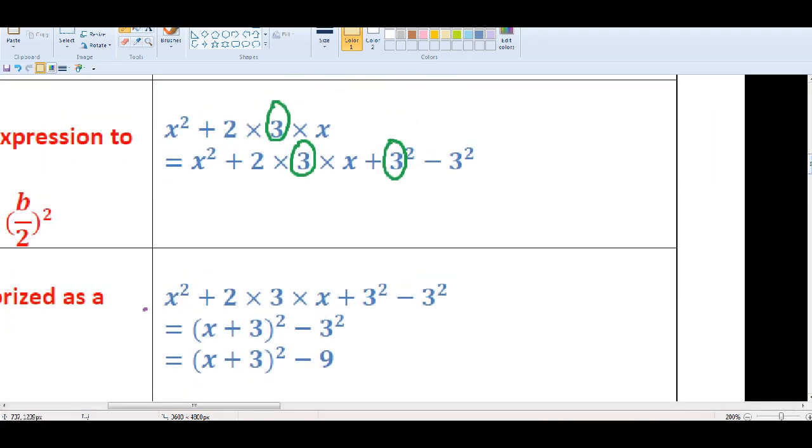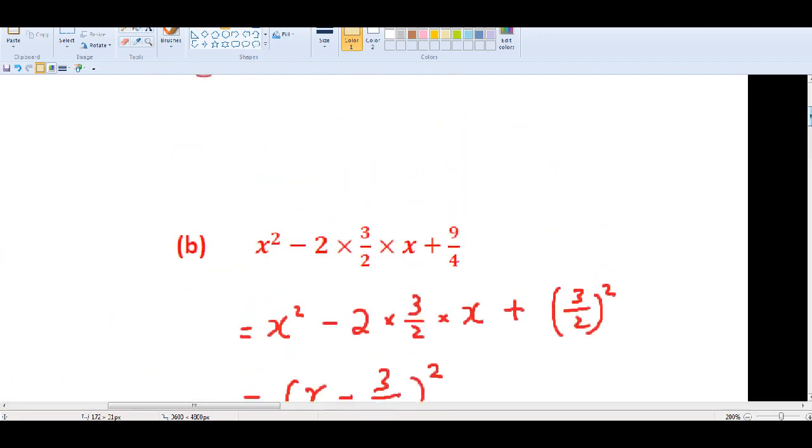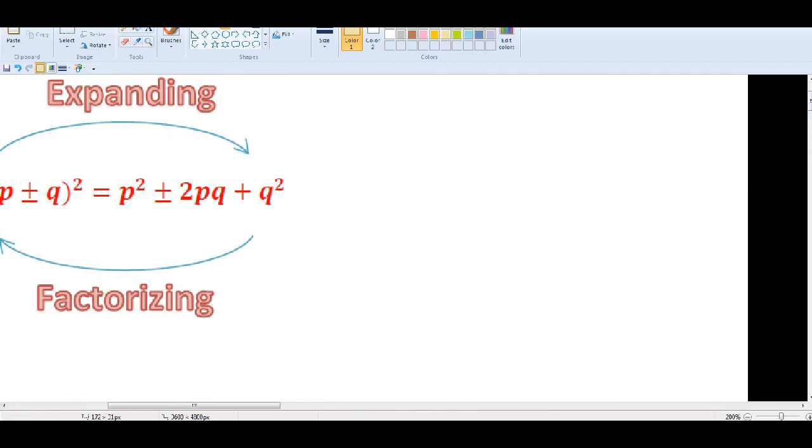Okay, so you see, I've got x squared plus 2 times 3 times x plus 3 squared. When we look at just the first 3 terms, it actually agrees with the pattern of the previous identity. You've got p squared plus 2 times p times q plus q squared.